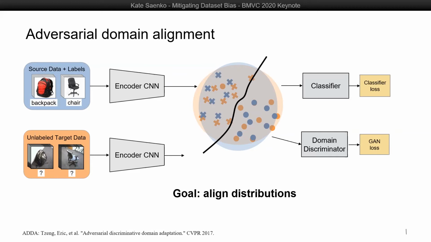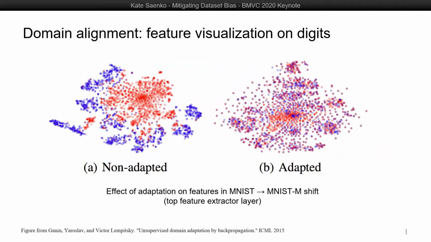So in this case, we hope that our classifier, which is also being trained at the same time, since we're optimizing both losses at once, will have better performance on the target points. We can see an example of this here. On the left, we have our two digit domains from before, the blue source and the red target, before adaptation.